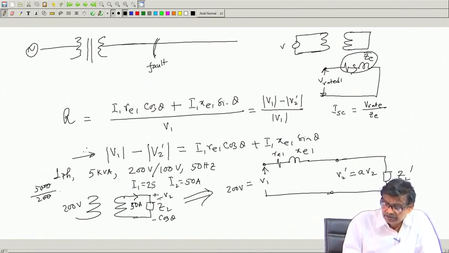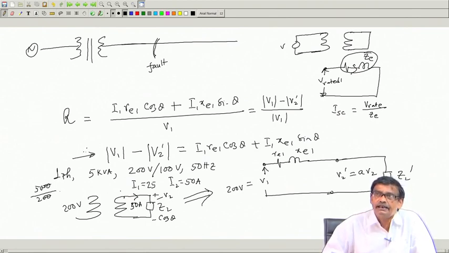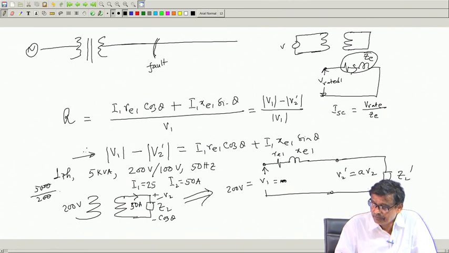Without load, this voltage would have been equal to 100 volt, with the switch open and 200 volt applied. The voltage across the secondary terminals would have been 100 volt, but you have now connected the load. How much do you expect? I expect this voltage will drop, it will be less than 100 volt because of the drop here.